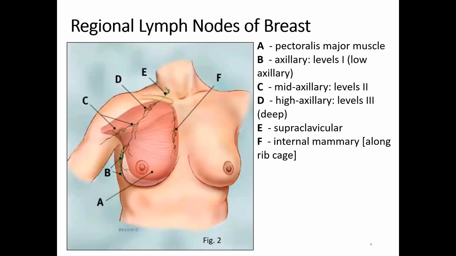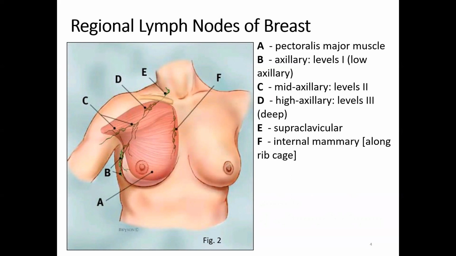And here's a look at the breast lymphatics. They drain by 3 major routes: the axillary, the interpectoral, and the internal mammary, noted here along the rib cage, F. So intramammary nodes reside within the breast tissue and are designated as axillary lymph nodes for staging purposes.